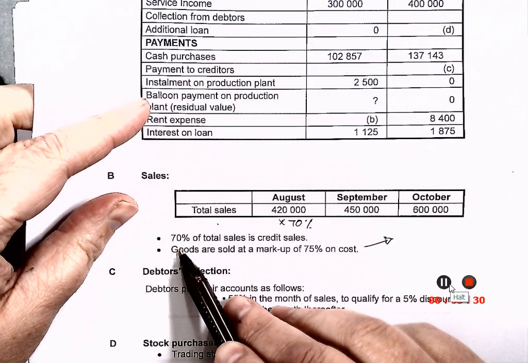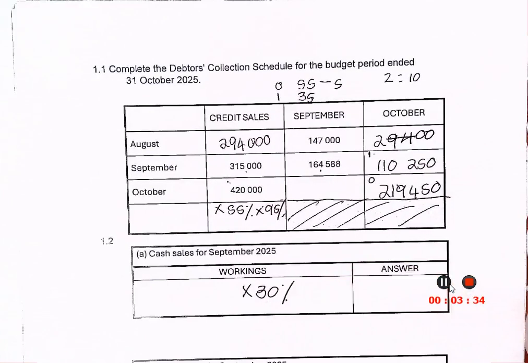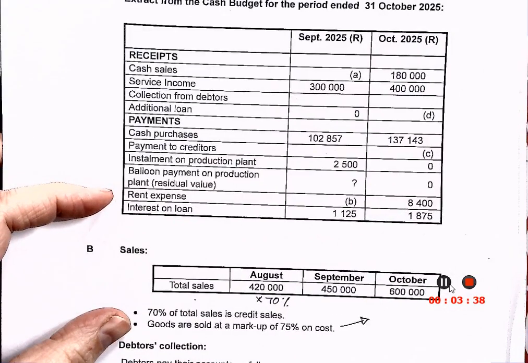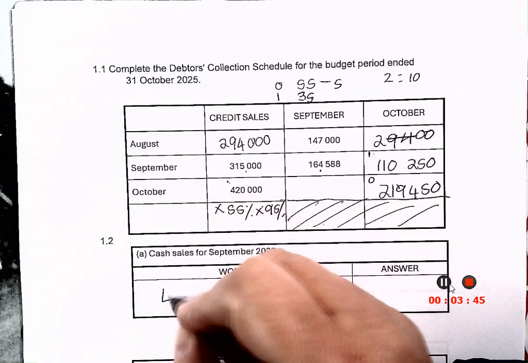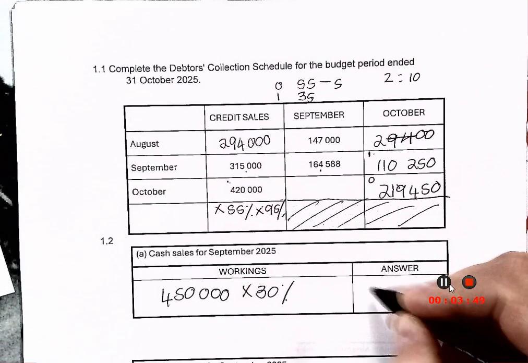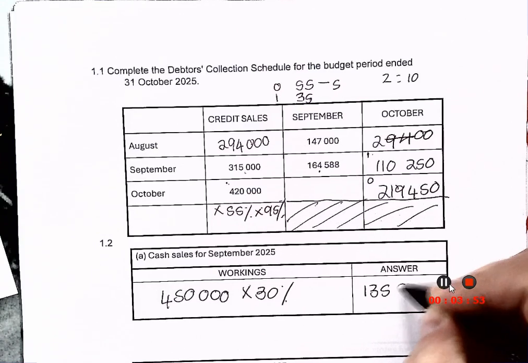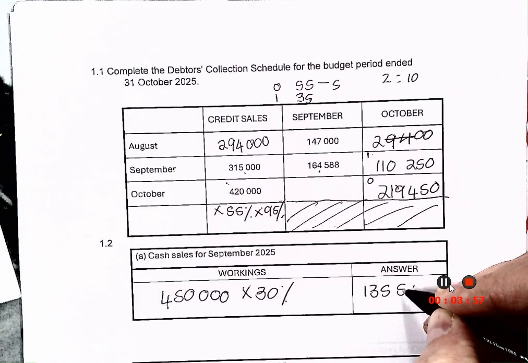So, cash sales is 30%. And cash sales you receive in the month of the sale. Right? Now, September is 450 times 30%, and that gives me 135,000.